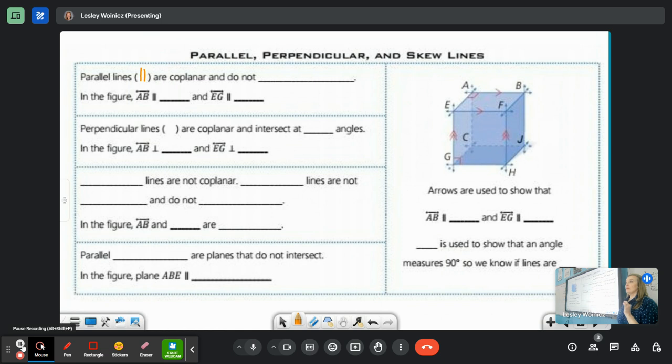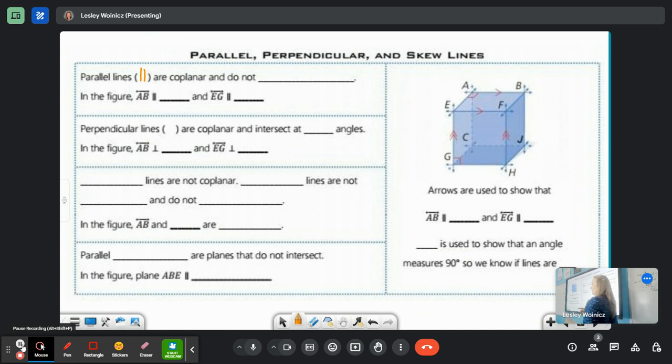Parallel lines are automatically coplanar. Okay, I've got my parallel lines here, and I've put them in the same plane, and no matter how I orient my parallel lines in space, do you see that they're still always in the same plane together? Okay.